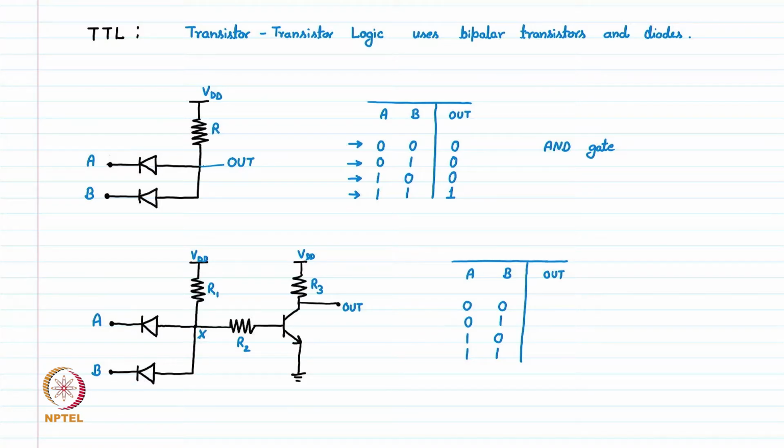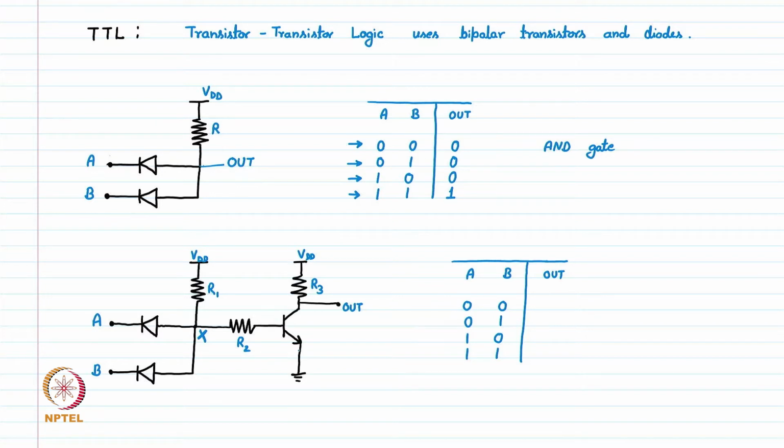So this node will typically be pulled down to a very low value near 0. When node X is pulled down to 0, the base to emitter voltage for this BJT will be very small, and this BJT will be turned off.